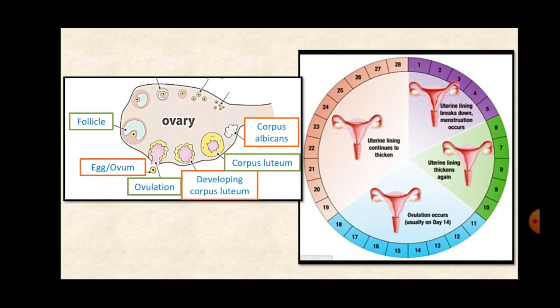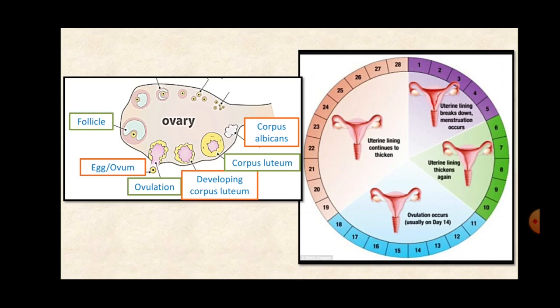Next, the follicle is developed, and the developed egg is released from the follicle. That is known as ovulation, the release of ova. Then you have the leftover follicle tissue without the oocyte, which is now developing to form the corpus luteum.